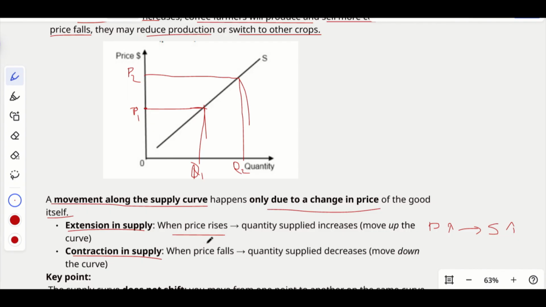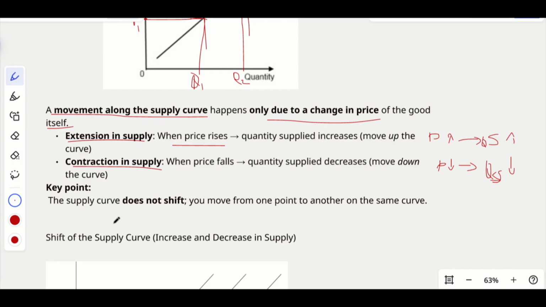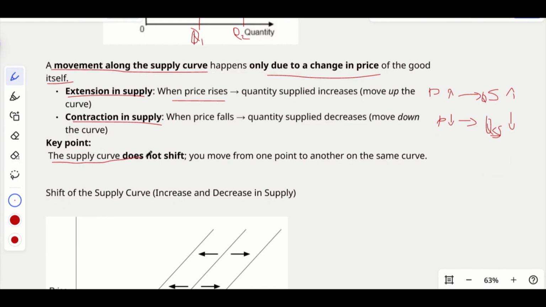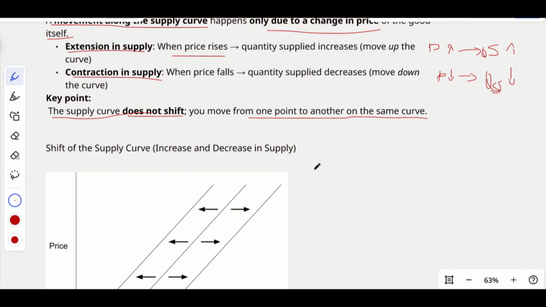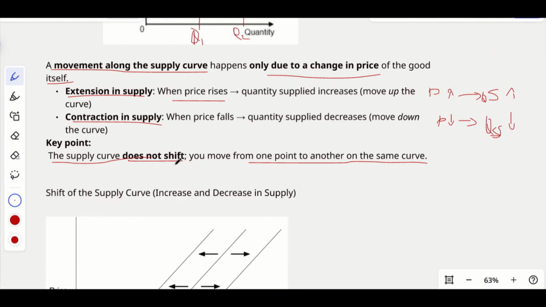When the price falls, quantity supplied decreases. Okay. So the key point is that the supply curve does not shift here, we only move from one point to another point on the same curve. Okay, so that is very easy to learn.